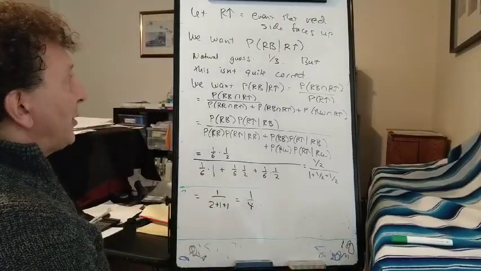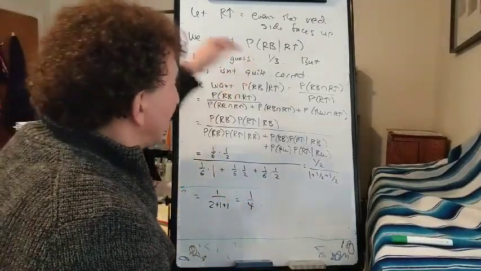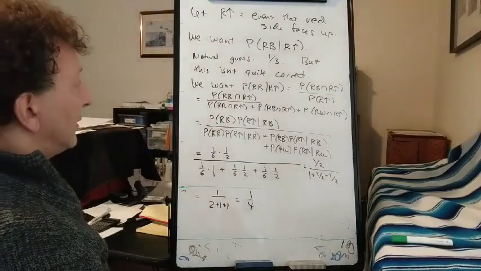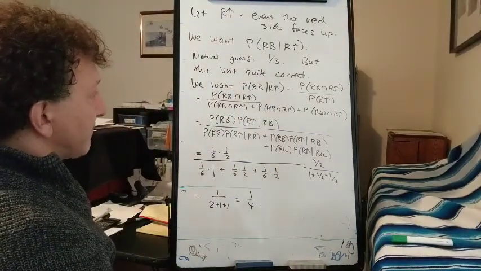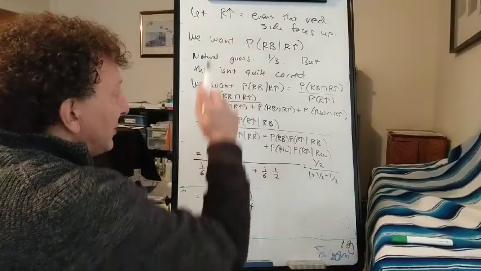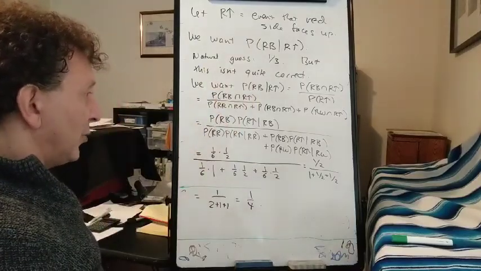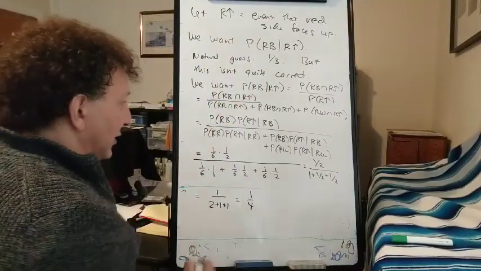So indeed the probability is not the same as what we would have guessed, because we saw three possibilities of a card that could have red on one side. So it's actually 1/4.